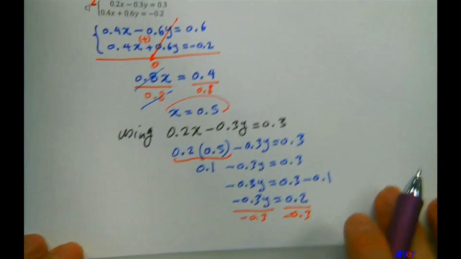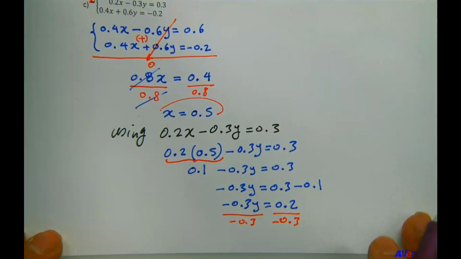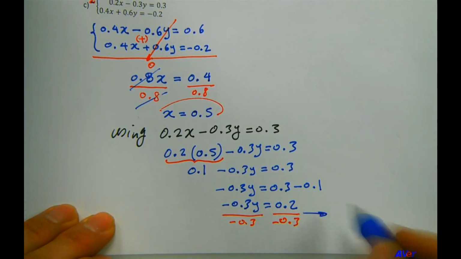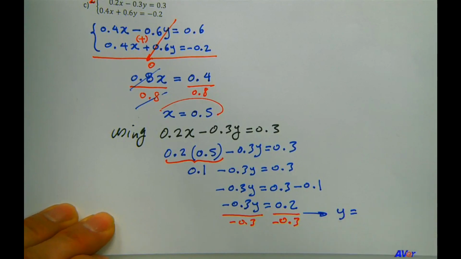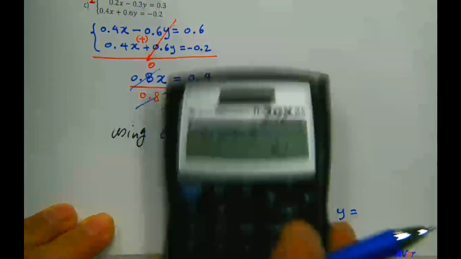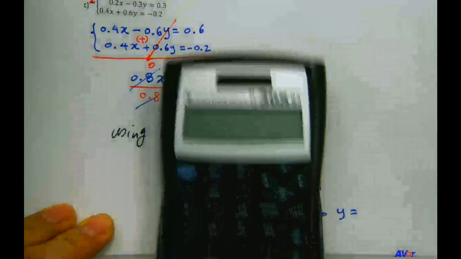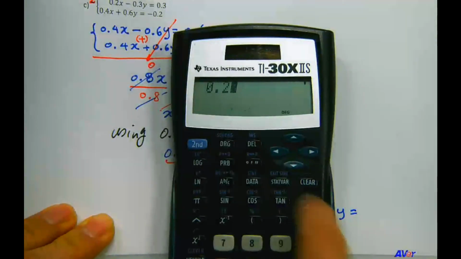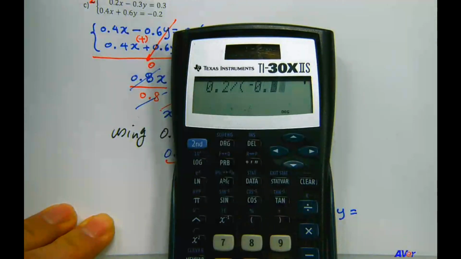So from this, y equals, let's find out what is 0.2 divided by minus 0.3.